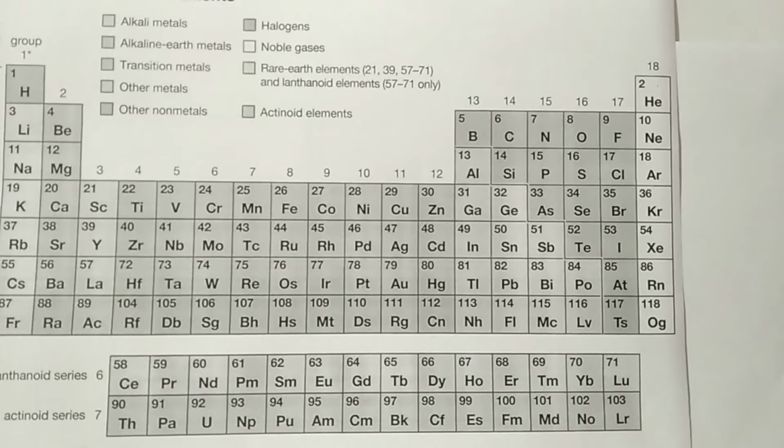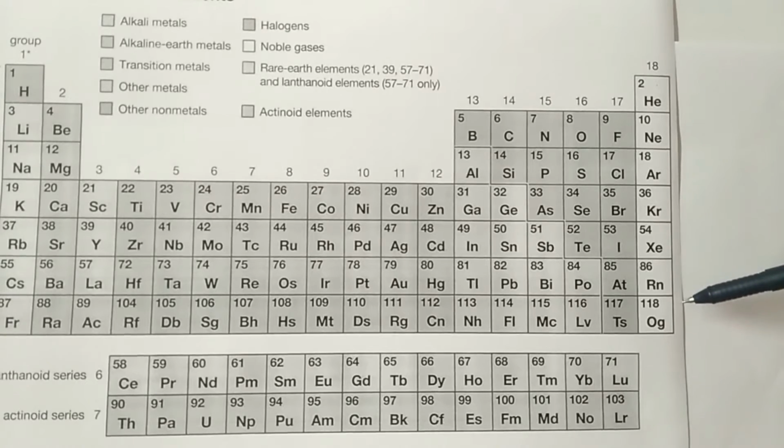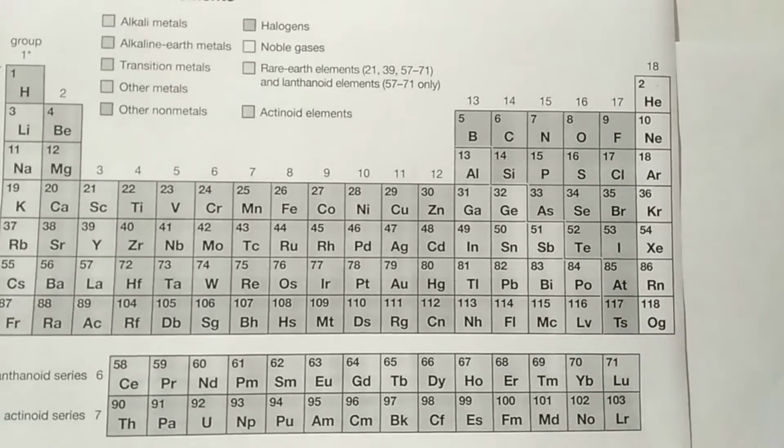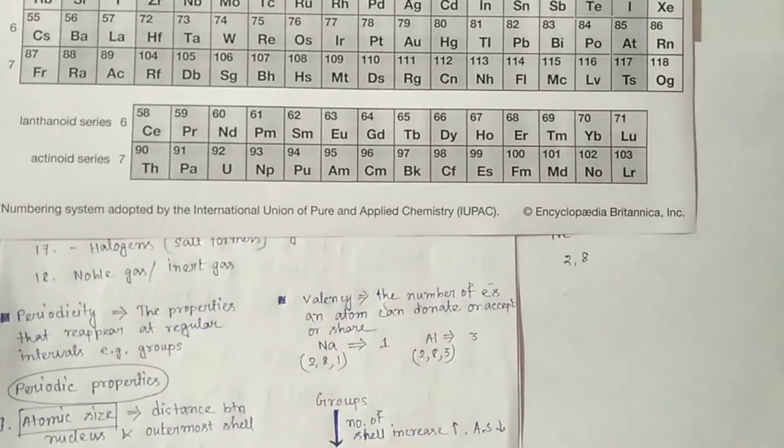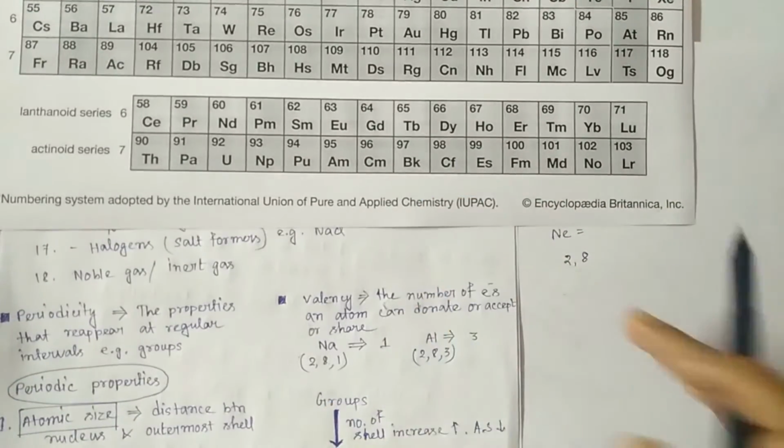It cannot accept or donate an electron, or the stability would vanish. So every atom has a tendency to get an electronic configuration like them. That is why they react.